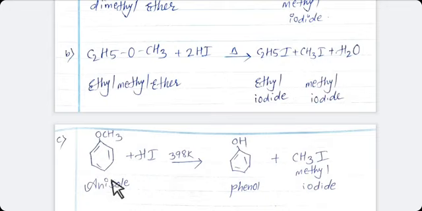We are taking here anisole, which reacts with HI. Oxygen reacts with hydrogen to form phenol, and methyl group reacts with iodine to form methyl iodide. So in this manner, aryl alkyl ether forms phenol and methyl iodide, and the temperature is 398 Kelvin.